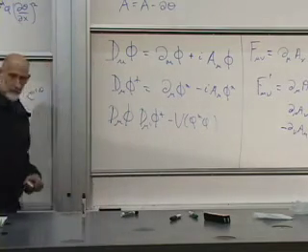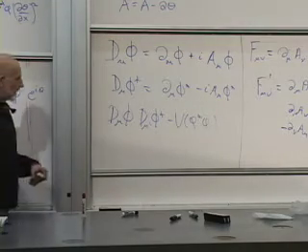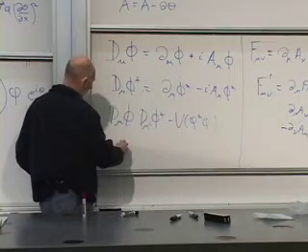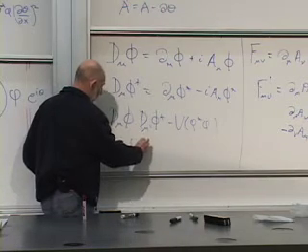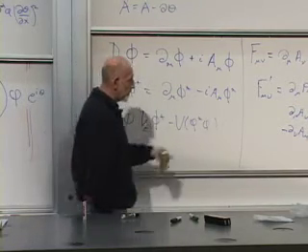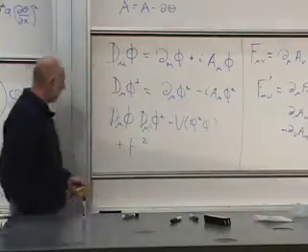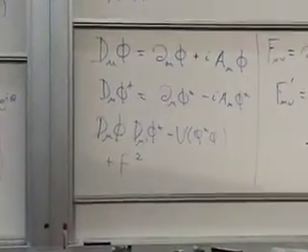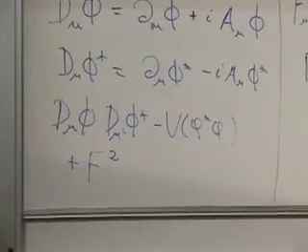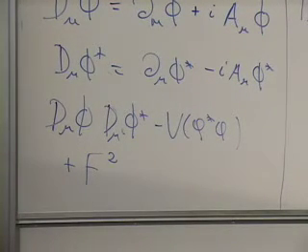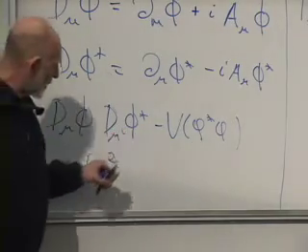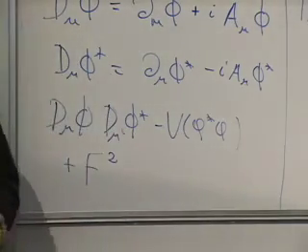Only these covariant derivatives, not ordinary derivatives. A potential and add plus F squared. I'll just call it F squared, meaning F mu nu, the appropriate thing. E squared minus B squared. There's some numerical factors which are conventional. There's usually a quarter in front of this, but that's not important. The important thing is all terms here are gauge invariant.